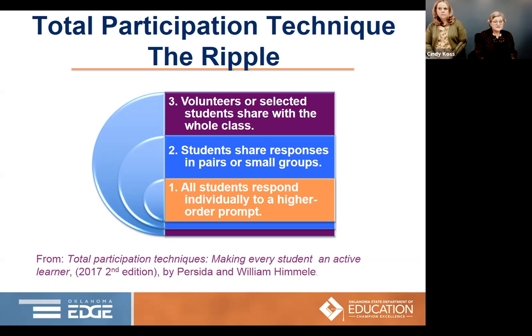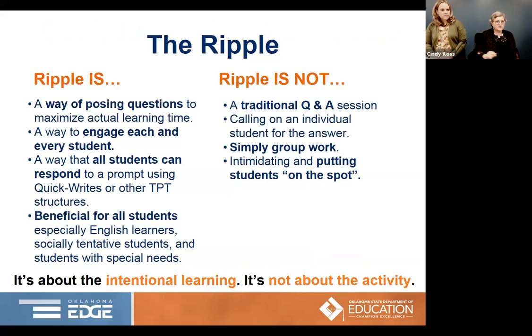So all of this is building the opportunity that every student has a chance to respond and every student is engaged. And then the third is that volunteers or selected students may go from there, but it is all about starting with the individual student as we move forward.